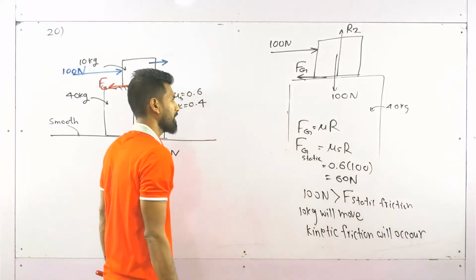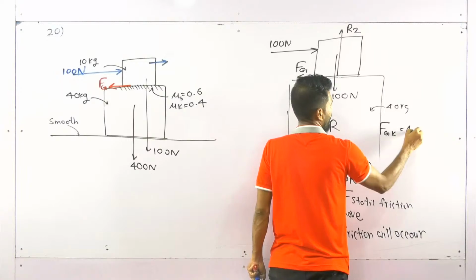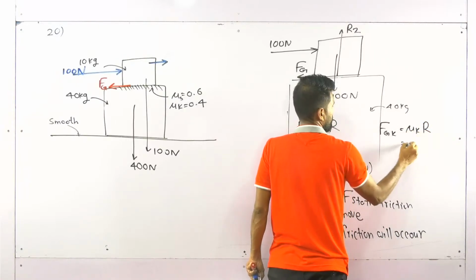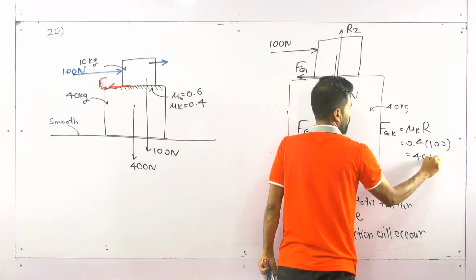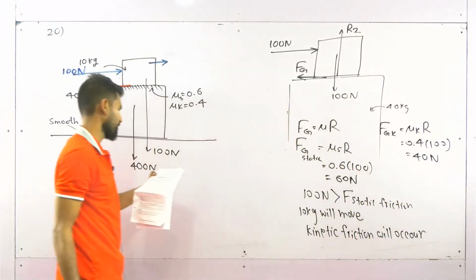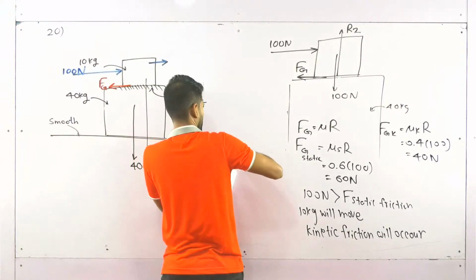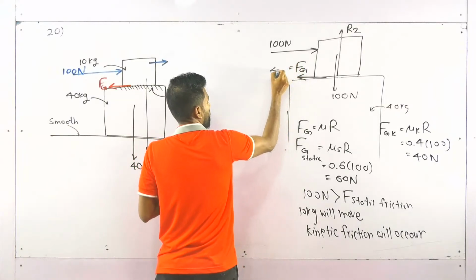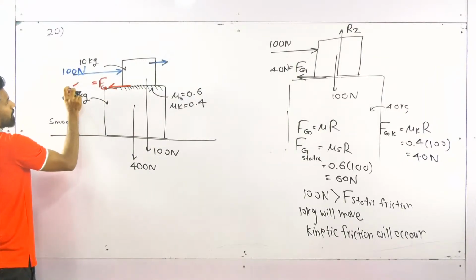What is the value of the kinetic friction? Mu k R. Mu k is 0.4. R is 100. 40 newtons. So this friction value is equal to 40.